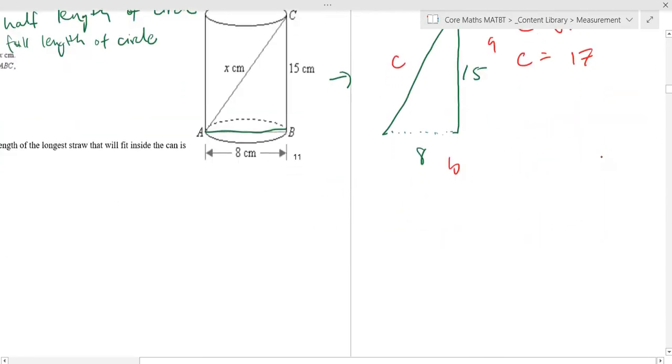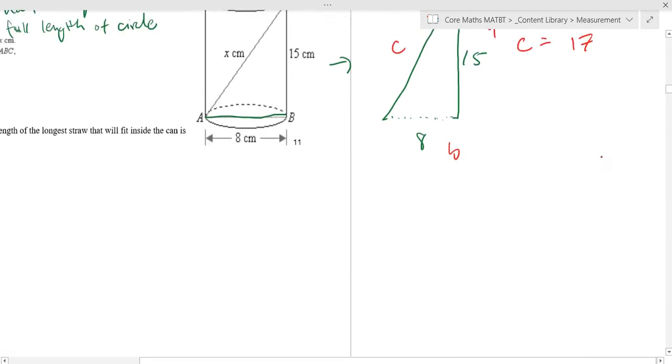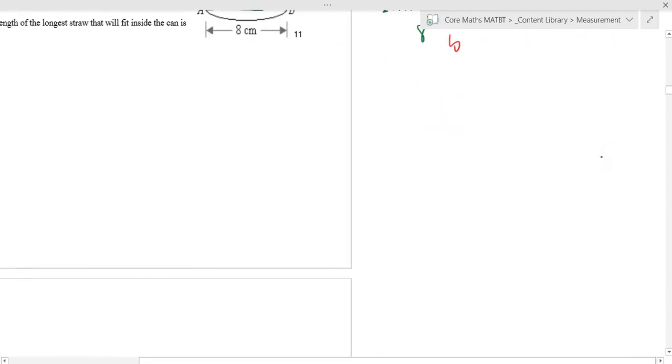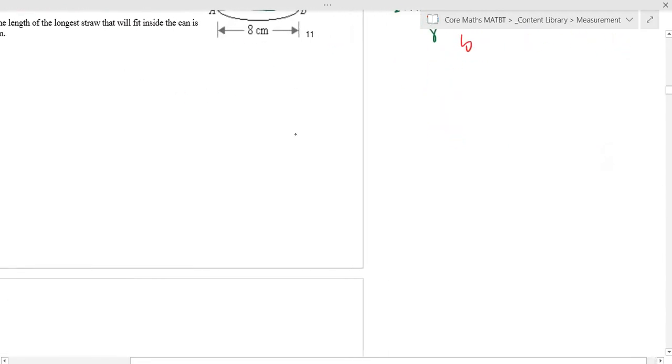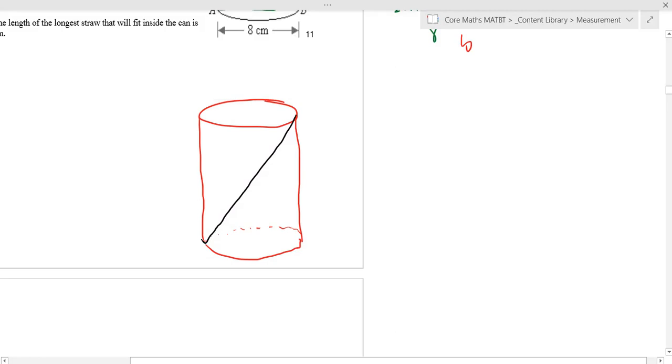Maybe we'll do one quick example of that, and I want you to figure it out. So let's say I'm going to draw a diagram that looks like this. And Mr. Toto has put a pencil in there. So here's my pencil. I want to figure out the length of the pencil.